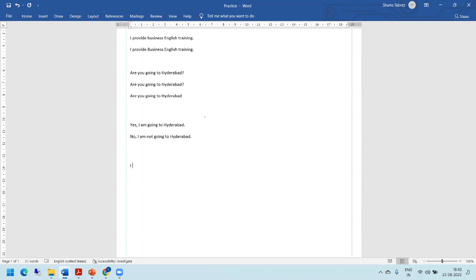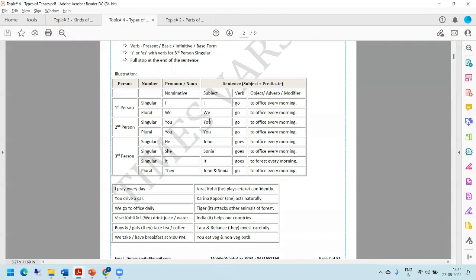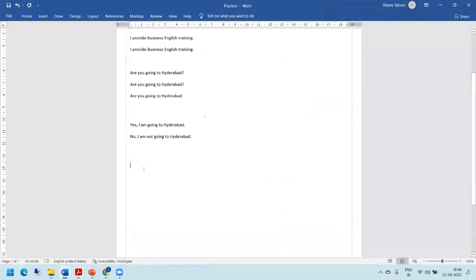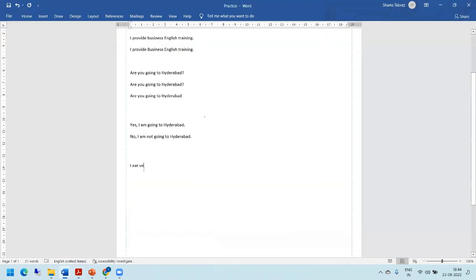Instead of write, I would like to use one which we have already used here, go and use. So take or write. Okay, let me use this one. Instead of write, I would use eat. Okay. I eat veg.